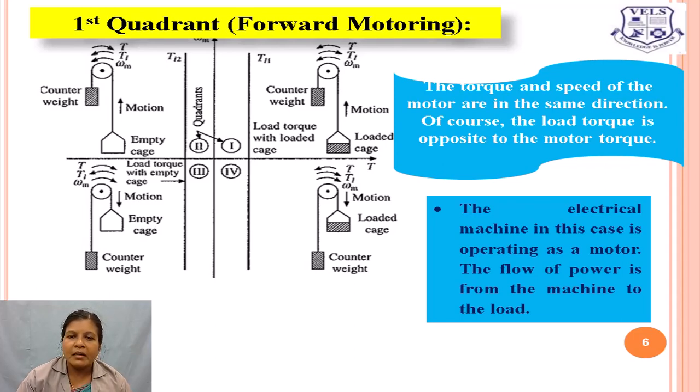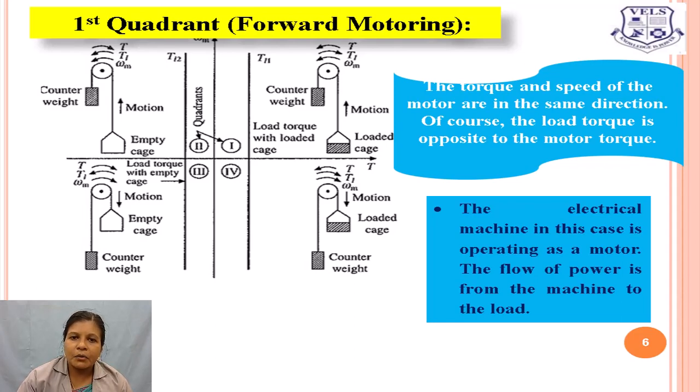So when the loaded cartridge is pulled upward, the pulley is going to rotate in the counterclockwise direction. The direction of the speed is counterclockwise, and the torque which is applied is also in the anti-clockwise direction. We have drawn the direction of the electromagnetic torque, or the torque developed by the motor.